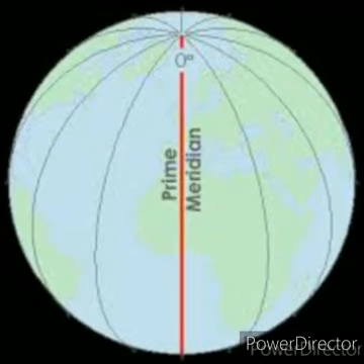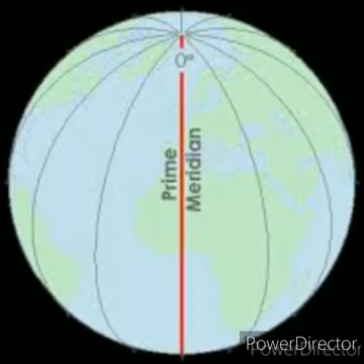The worldwide time is calculated based on this Greenwich line. So the line is generally known as the prime meridian. Greenwich line is known as the prime meridian because the time worldwide is based on this Greenwich line.